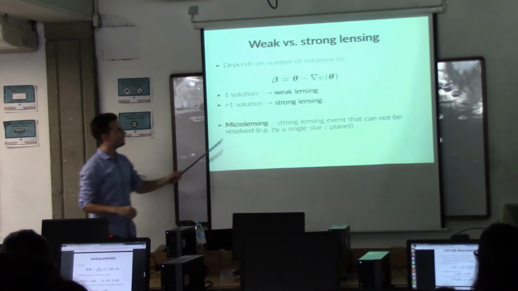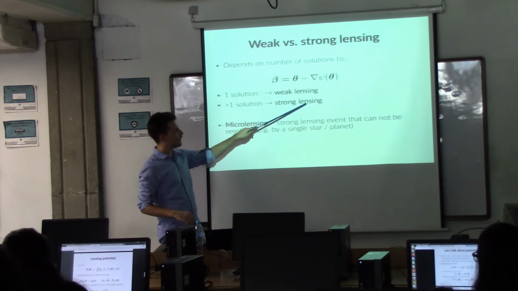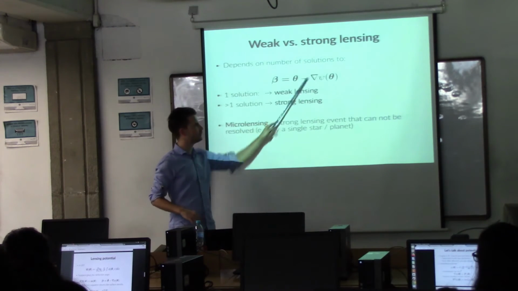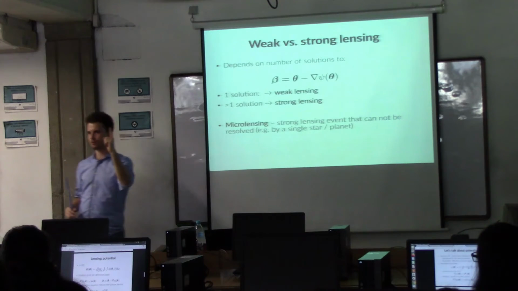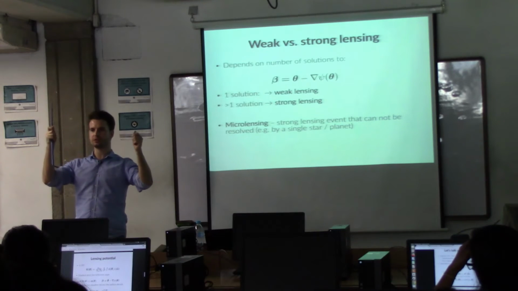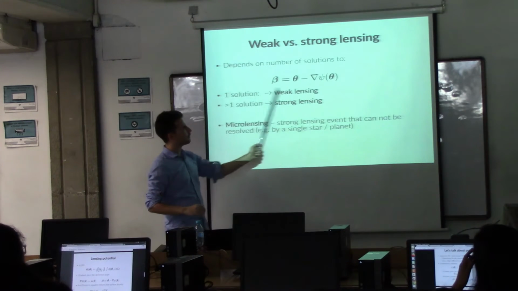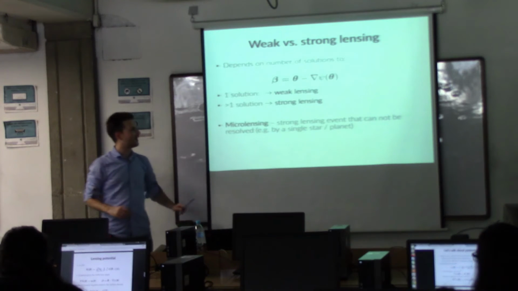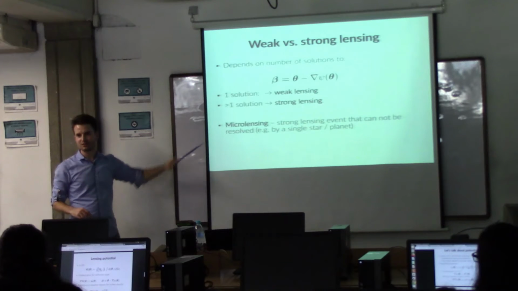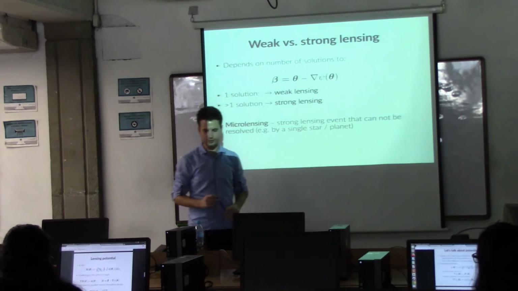So we are doing strong lensing here in this course, which generally happens where this equation is going to have more than one solution, where we can form more than two images. And if you have only one image, that is weak lensing. And if you have strong lensing, but you can't resolve that, it's microlensing that we were doing this morning.